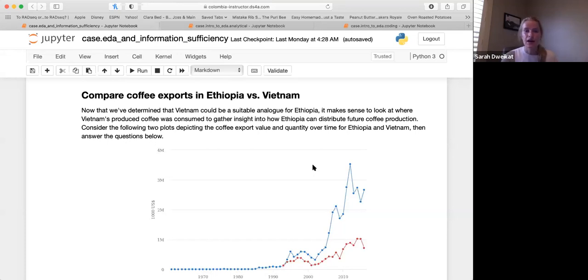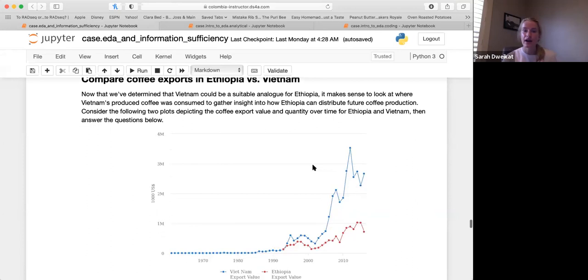Okay, so does this translate? Our hypothesis was, will making more coffee help Ethiopia trade their way out of poverty? So let's see, has that happened for Vietnam? They've obviously increased their yield of coffee, and like we saw in our previous bar graph, they became a top producer over time, second only to Brazil.